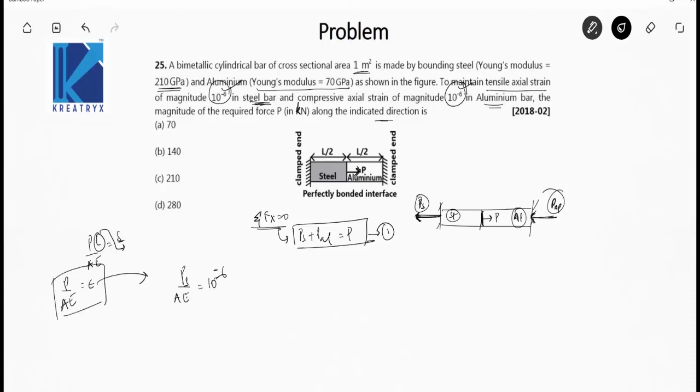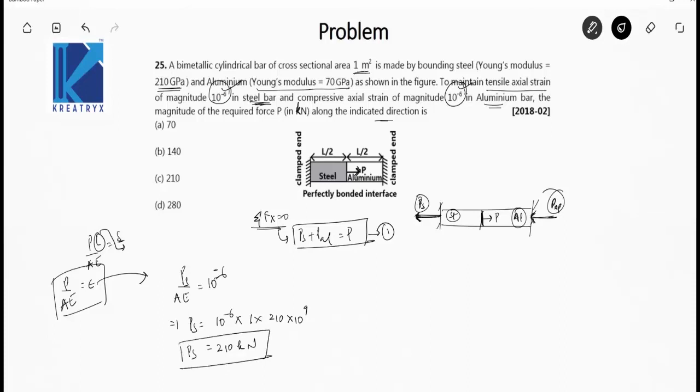That is the tensile axial strain in the steel bar. From this I can find out PS, because everything is given: 10 to the power minus 6 into area 1 meter square into Young's modulus of steel, 210 into 10 to the power 9 Pascal. So this is 210 kilonewton.